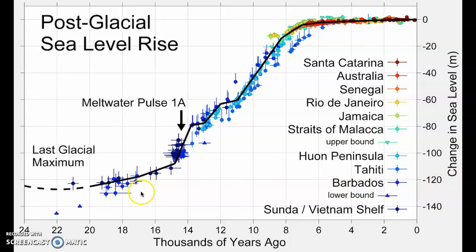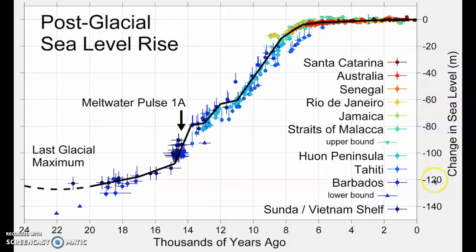You can take these cores, and you know their elevation because you core them. And you can date the coral using carbon-14, which is a very precise means of acquiring an absolute age.